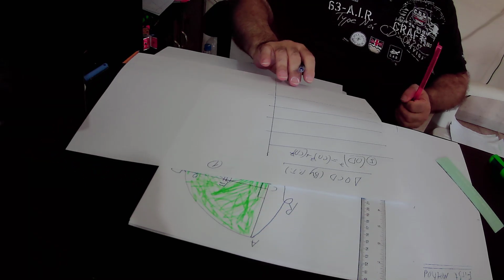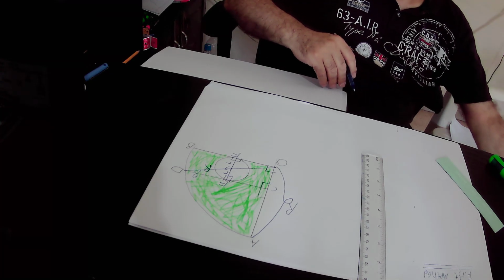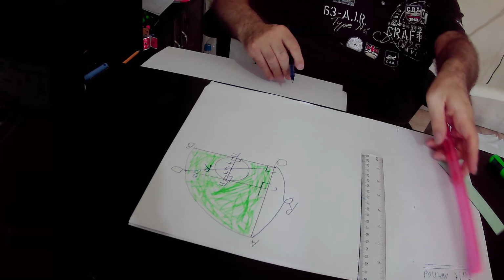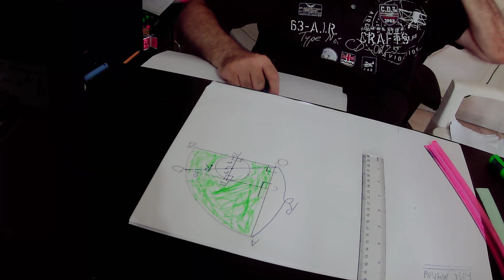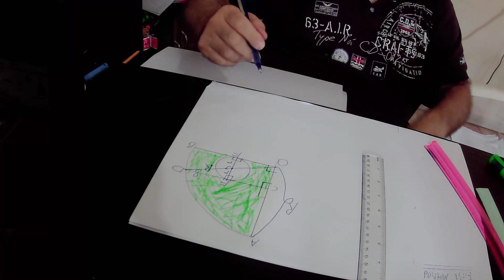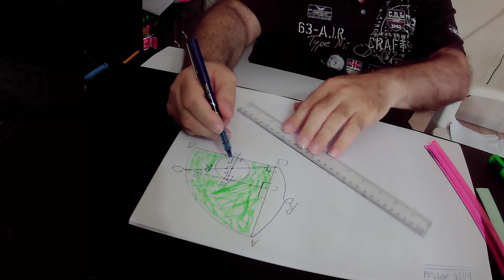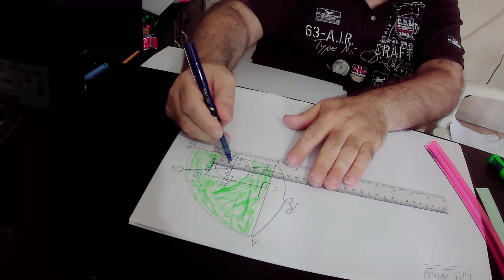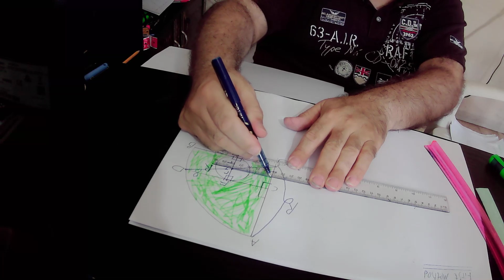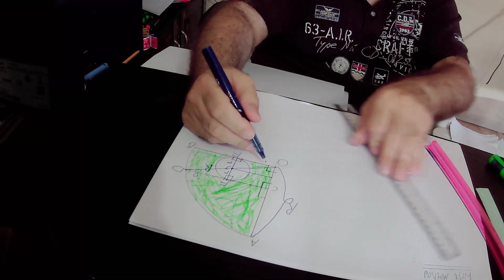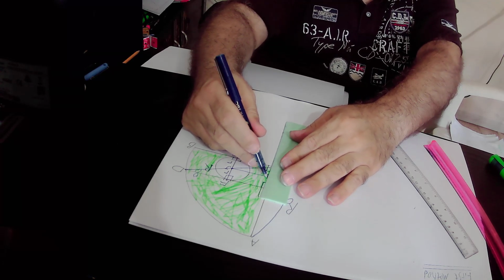Before we continue, we will find out the length of CO. From the center of the small circle, that is to say from point J, we will go perpendicular on CO. So here this angle equals 90 degrees.